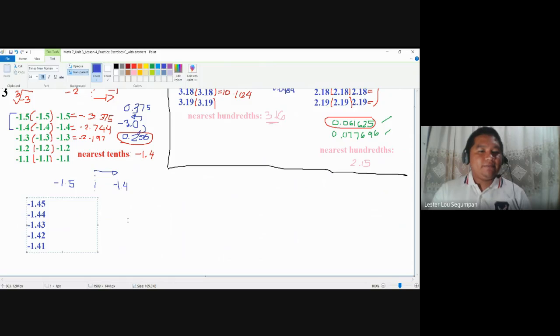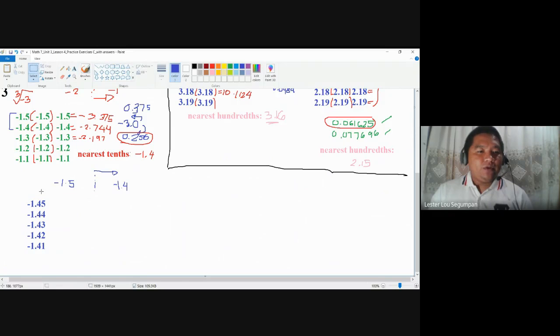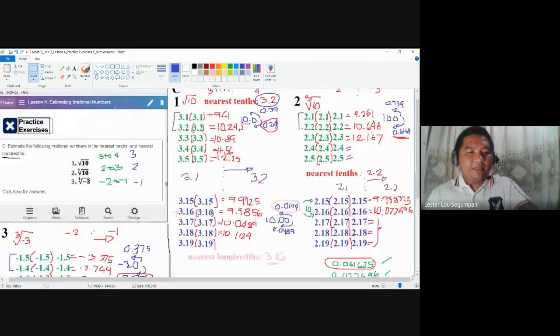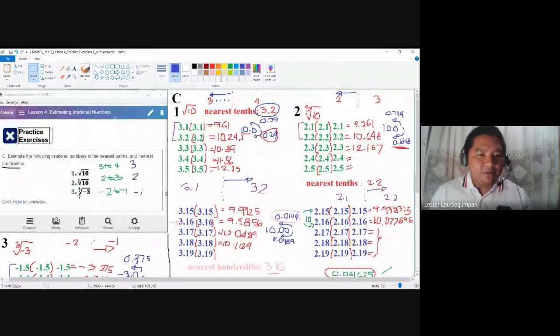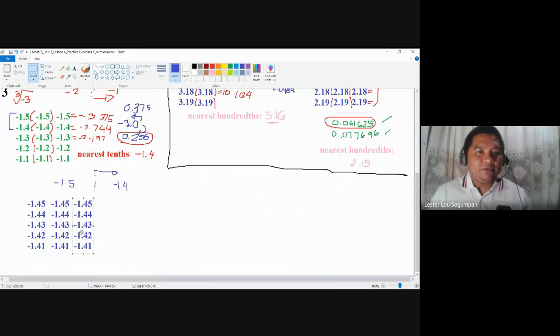Next, we need to take its product. But since number 3 talks about cube root, similar to number 2, we will have to multiply 3 times. And let me place here parentheses so that we could show that this talks about product.